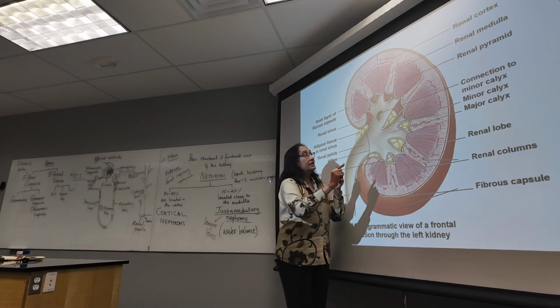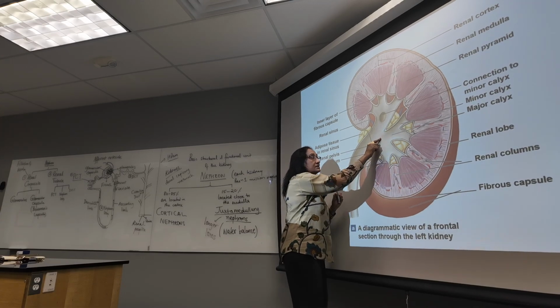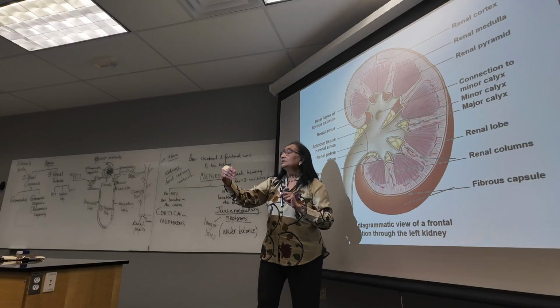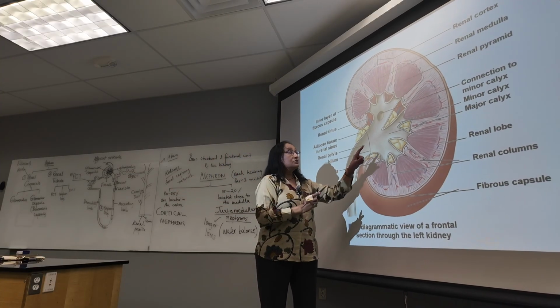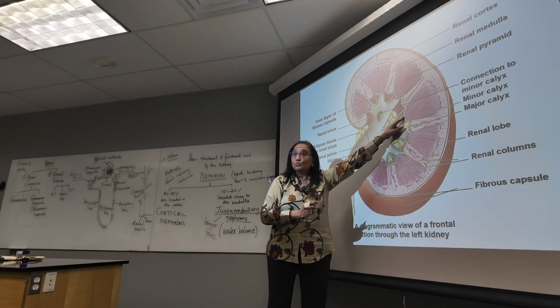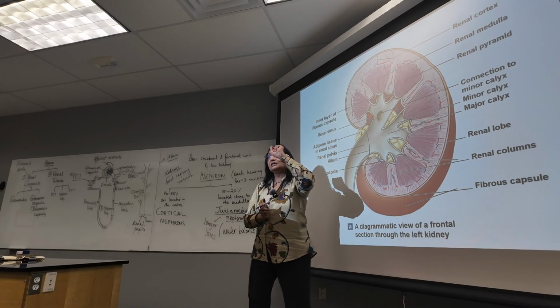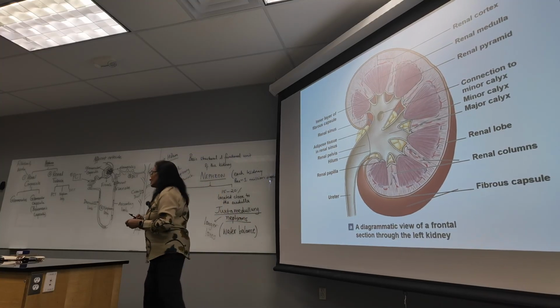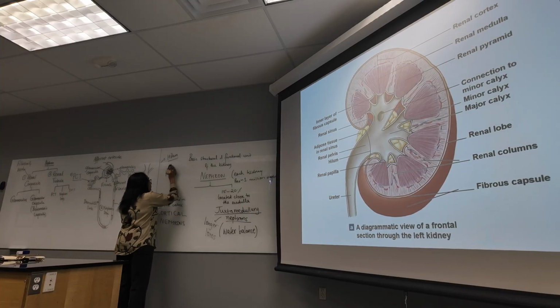Because after that, it is just going to flow through the minor calyx, major calyx, pelvis, ureter, urinary bladder, urethra, and out. Okay? So at this point, when the liquid comes out into the minor calyx, that's when you call it urine.